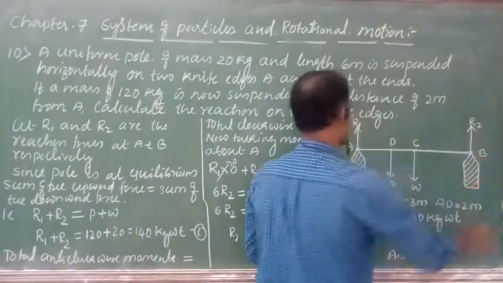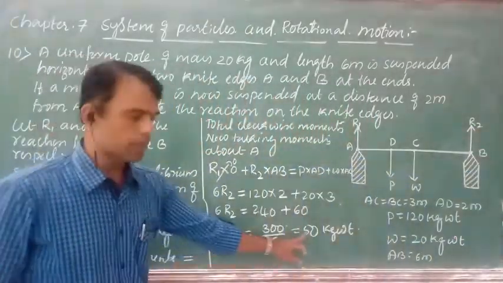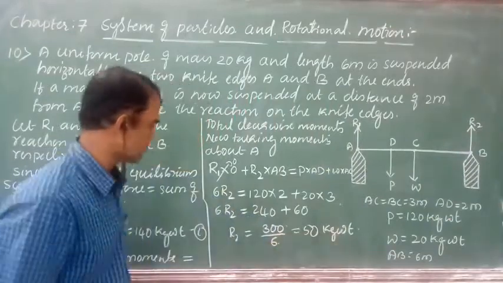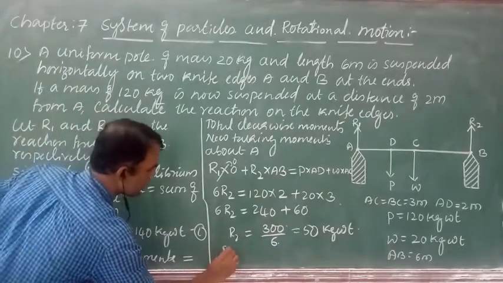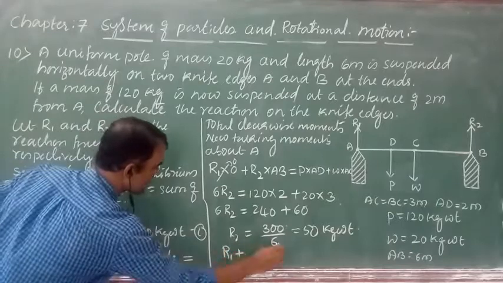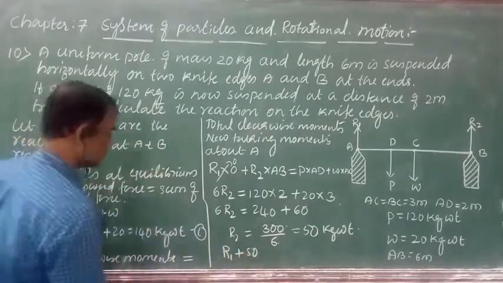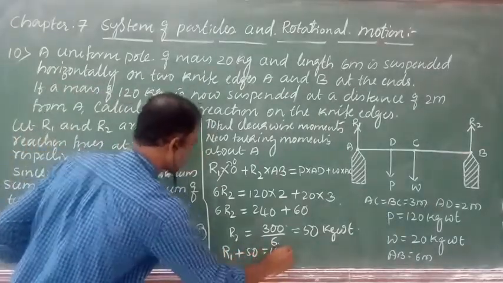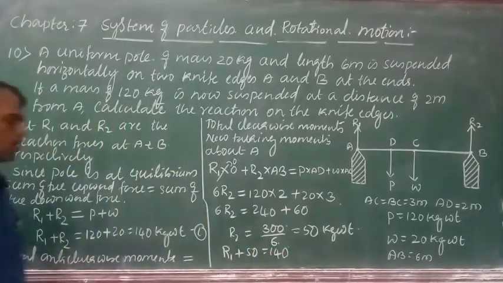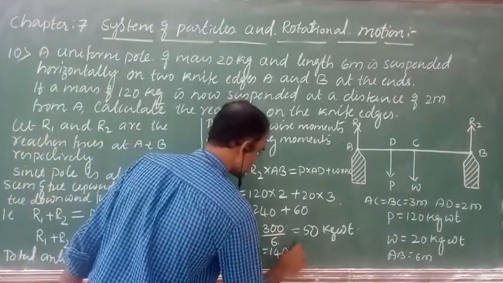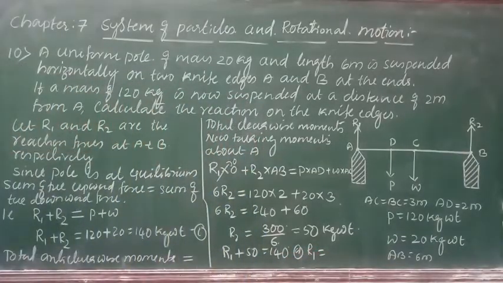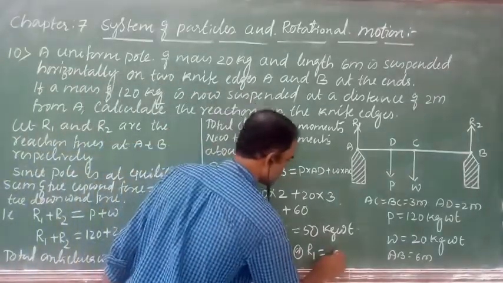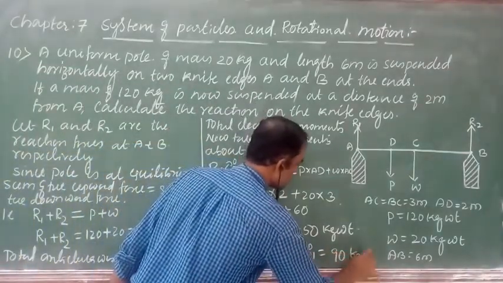So this R2 has 50 kg weight, that is the reaction force. Again now I want to put that in equation 1 to get the value of R1. So R1 plus 50 should be equal to 140, or R1 is equal to 140 minus 50, which is 90 kg.